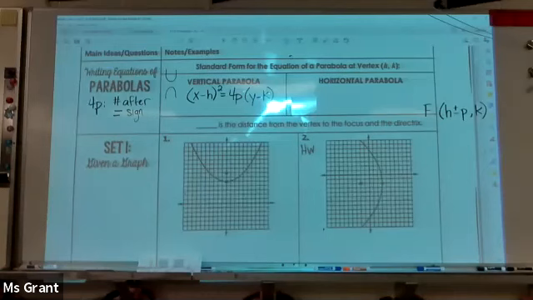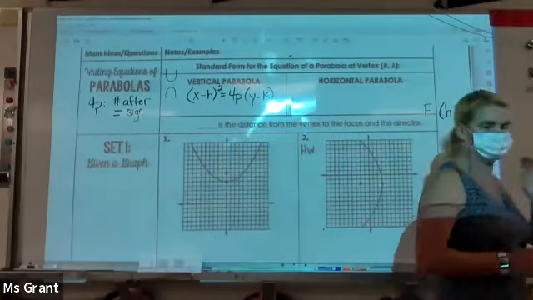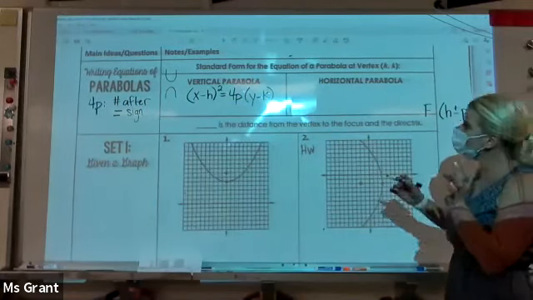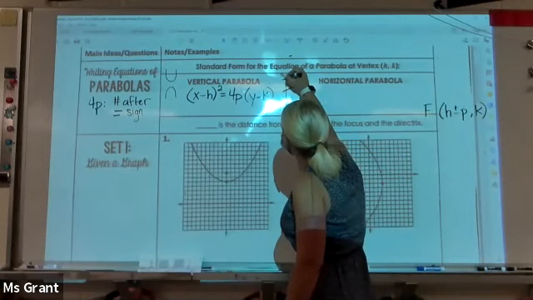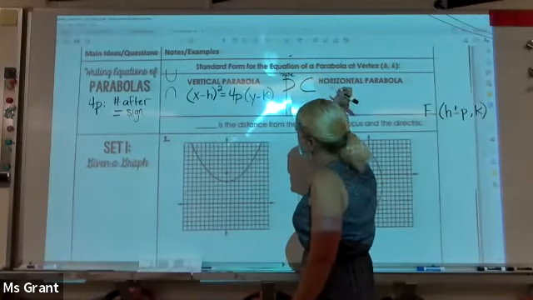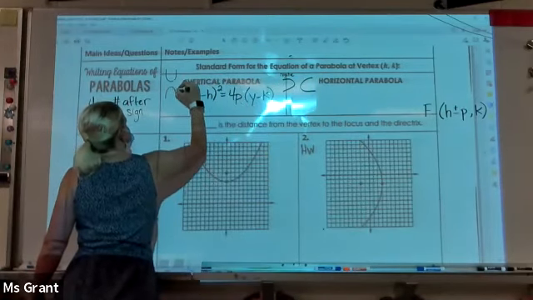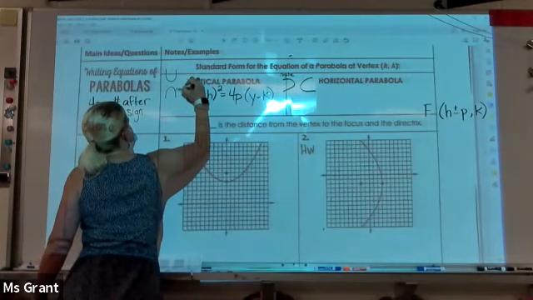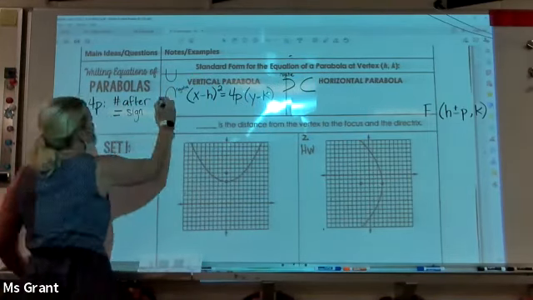So that's, we learned this last week. My horizontal opens leftward, and remember this one's going to be a negative, or it opens right, and then the downward one is the negative. Just in case you need that reference.